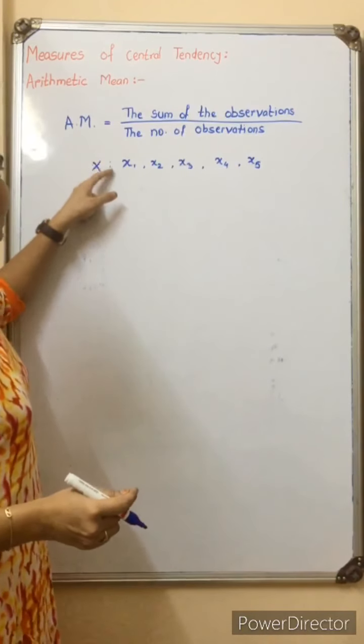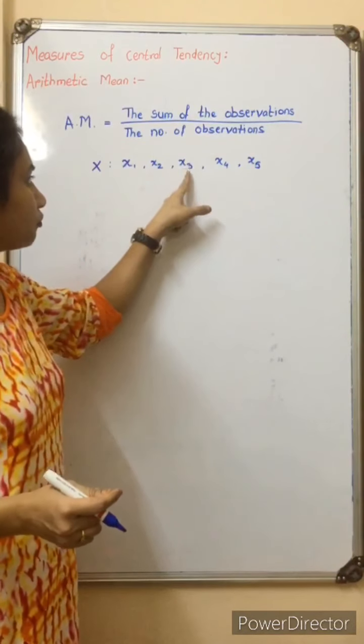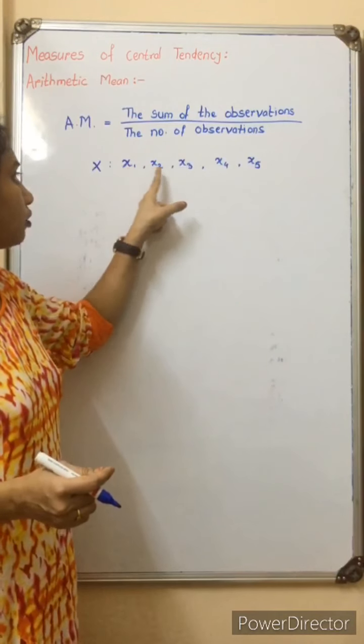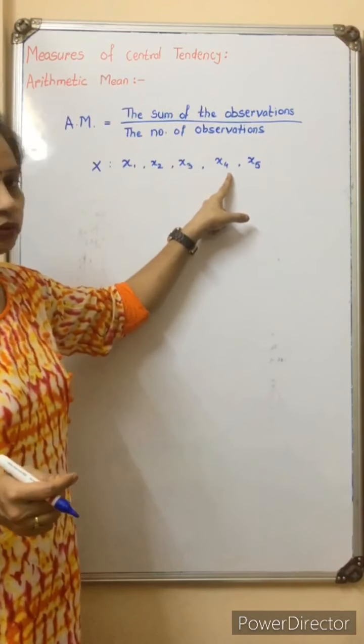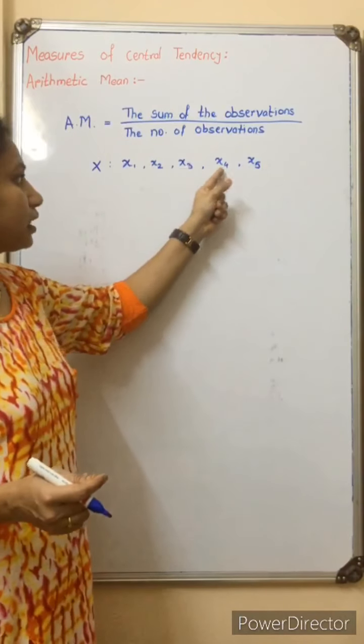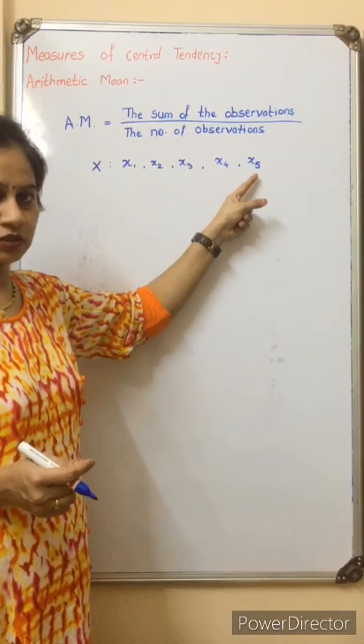We call x a variable having the heights of 5 students. These are the number of observations: 1, 2, 3, 4, 5. And x1, x2, x3, x4, x5 are the values of those observations.